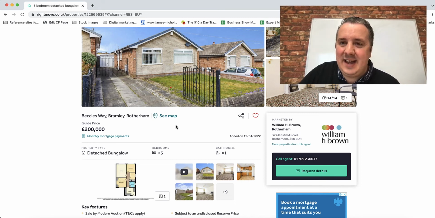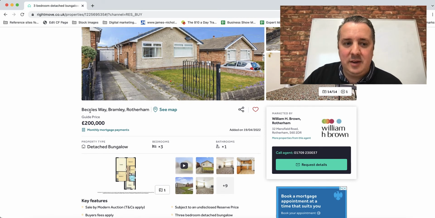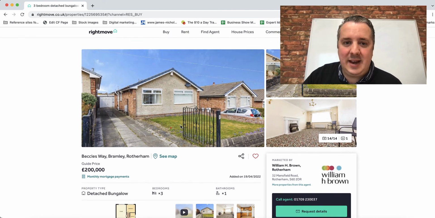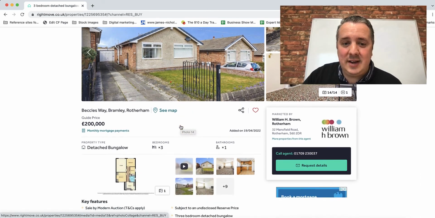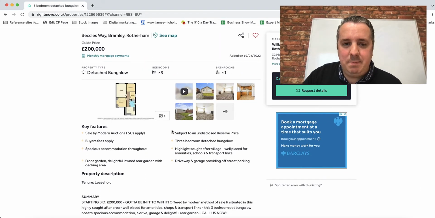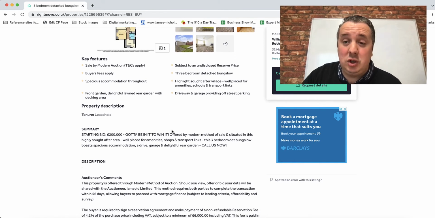So the estate agent does really, really well out of this, and that's why I think a lot of them in certain areas are starting to do this strategy, because imagine you sell this, you make £10,000 on this, you sell 10 houses in a month, that's 10 times 10, it's £100,000 in fees that you've made. So it really is something that you've got to go in fully understanding how it works.